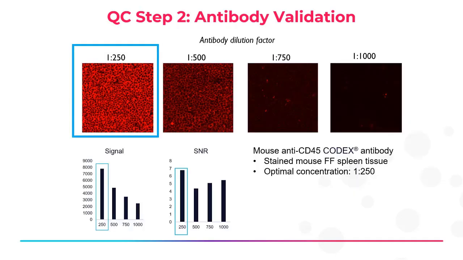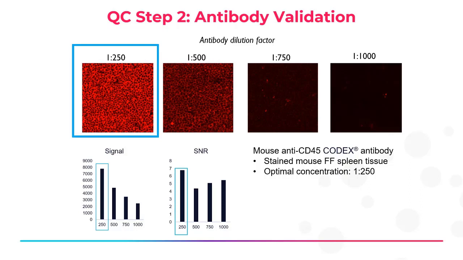Here you can see a range of titrations tested for the custom conjugated antibody. In this case, it's CD45 in fresh frozen mouse spleen. An optimal titer is selected based on maximal signal-to-noise ratio and average signal strength.